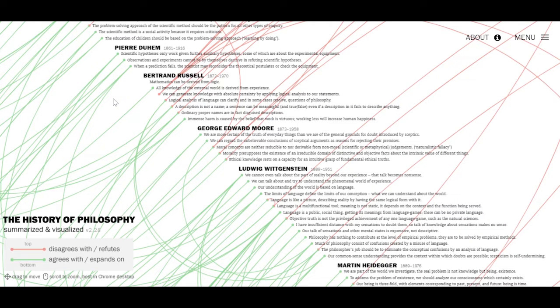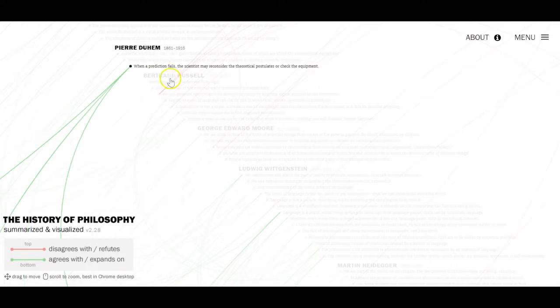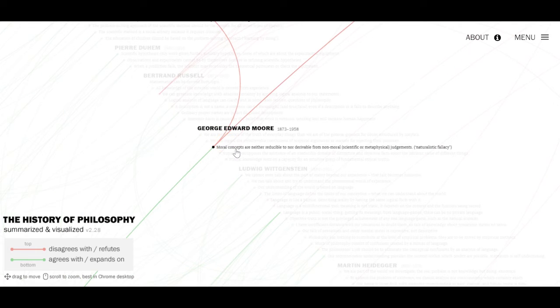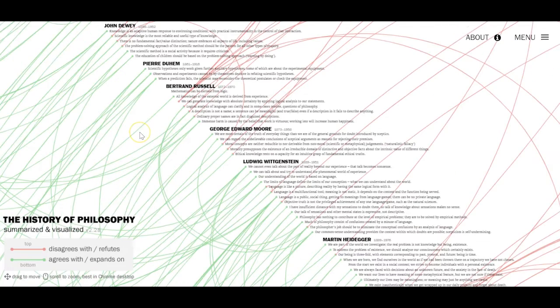As we see, it's a long list from northwest to southeast of different thinkers with their dates and different doctrines listed next to them. Coming from each doctrine, we find green lines indicating agreement with other thinkers and doctrines, and red lines indicating disagreement or refutation or contrast. So to show you a bit of how the interaction works, I'm going to scroll out.